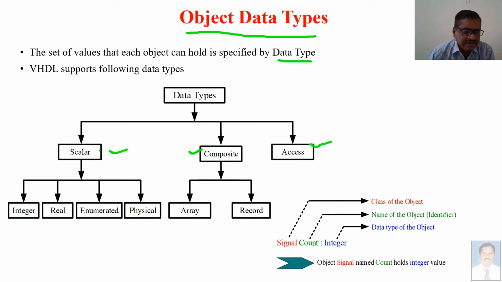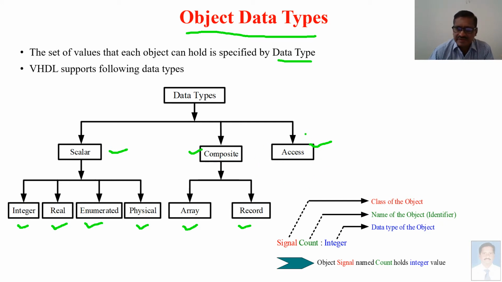Scalar is again divided into four sub data types: integer, real, enumerated and physical. Composite data type is divided into two groups: array and record. And finally, the last data type is access.